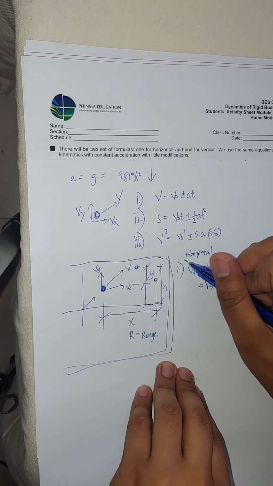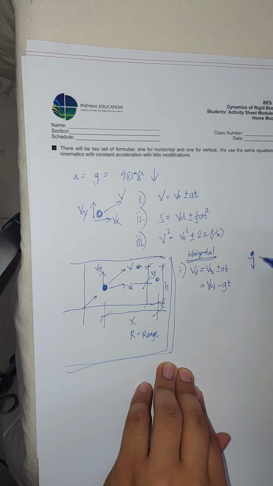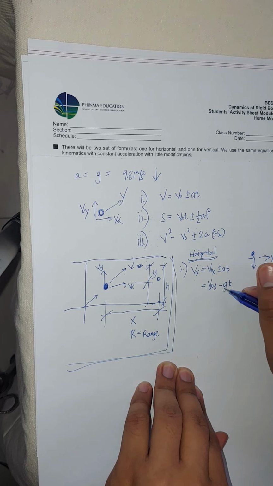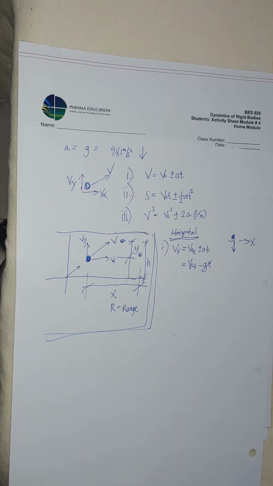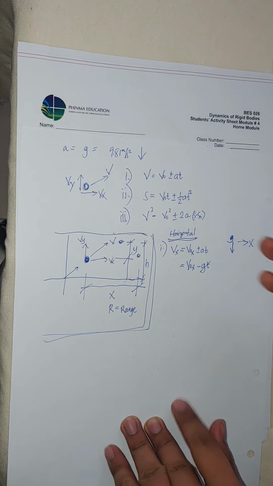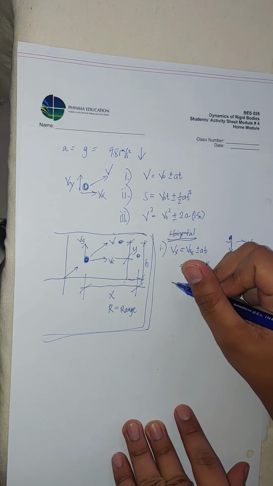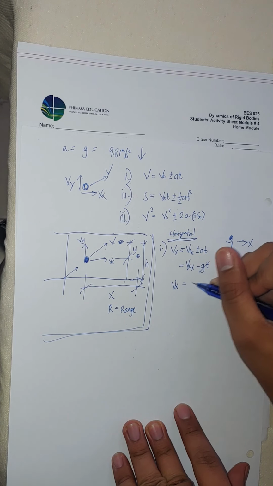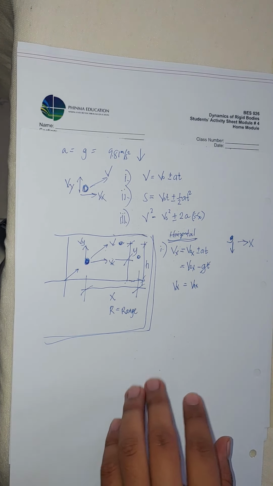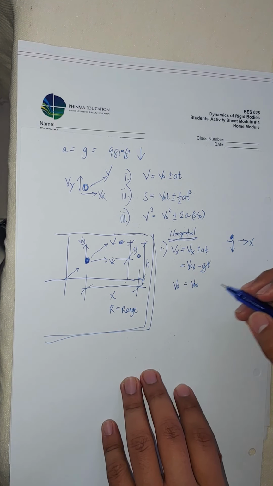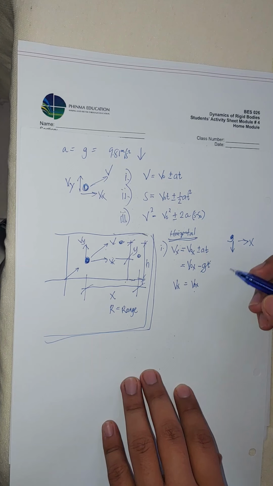But since this is the horizontal component and there is no horizontal component of the acceleration, therefore this is 0. Since it is 0, then the x component of the final velocity is equal to the x component of the initial velocity. So from start to end, the horizontal component of the velocity is just the same.